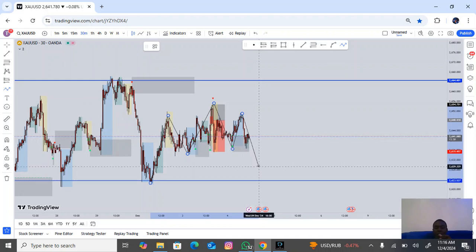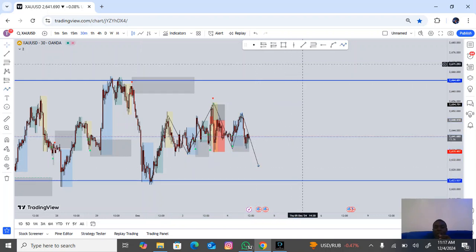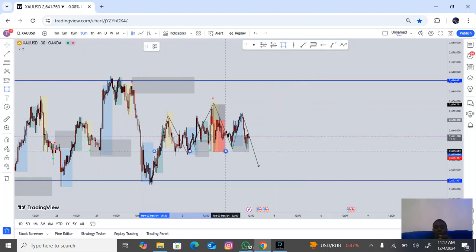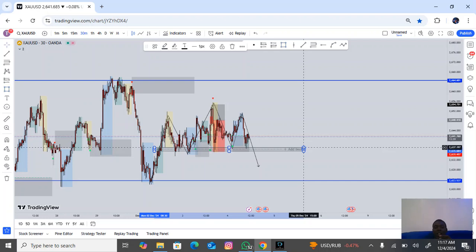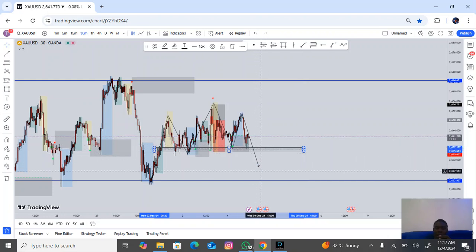Immediately it breaks this neckline, then we can go in for short position, right? This is the neckline. After all, I've been expecting a sell from gold, right? So once it breaks this neckline, you should be confident that probably gold is going to sell to the downside. All right. So that's that for that.